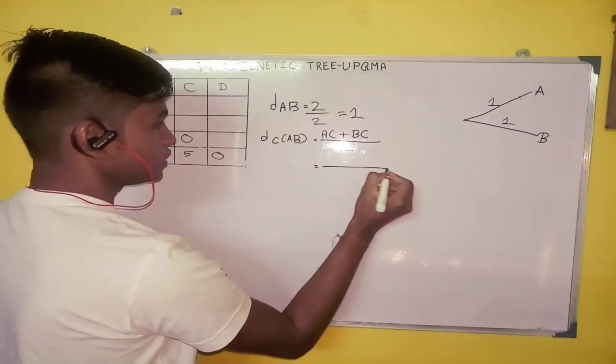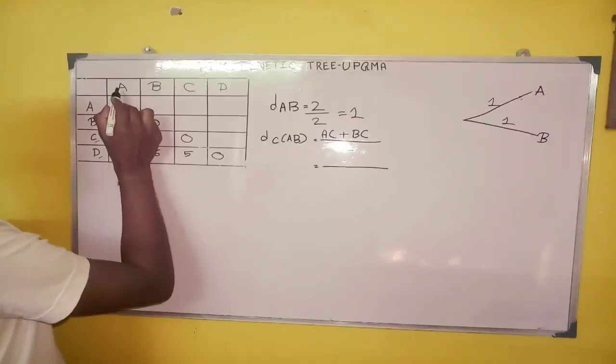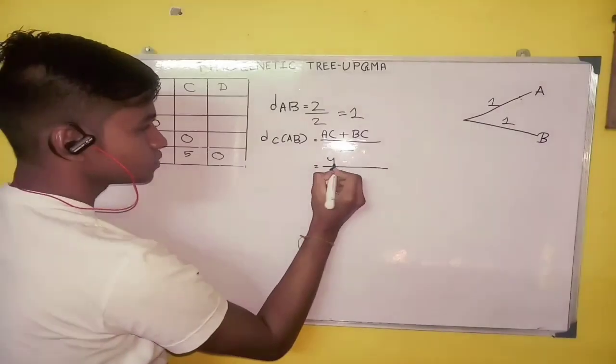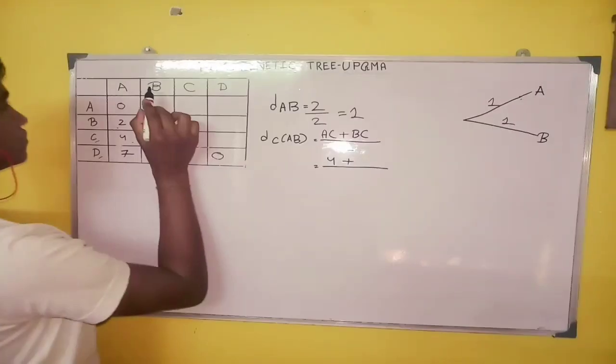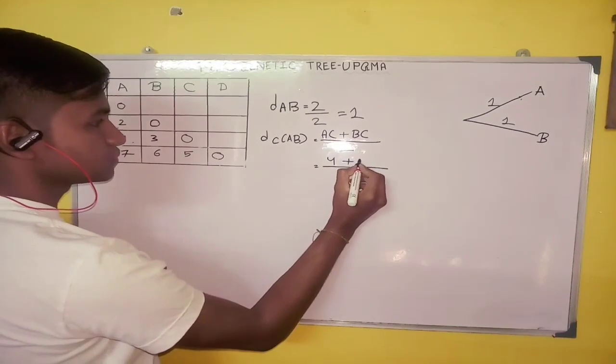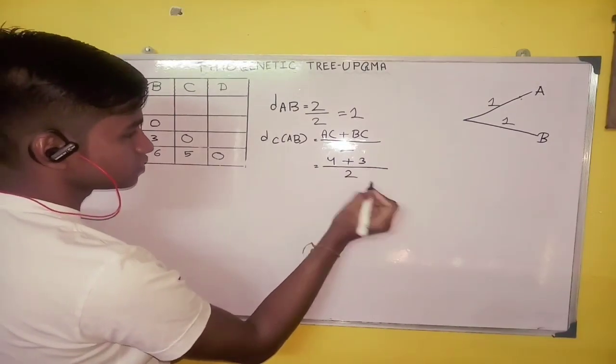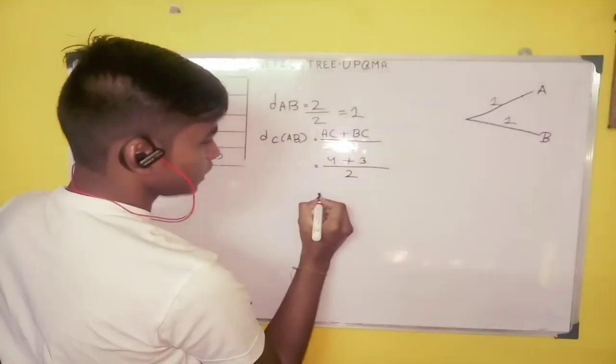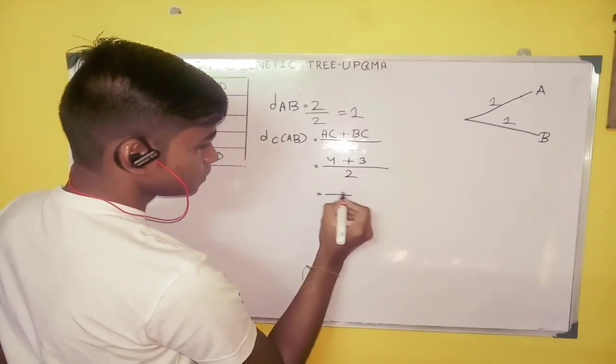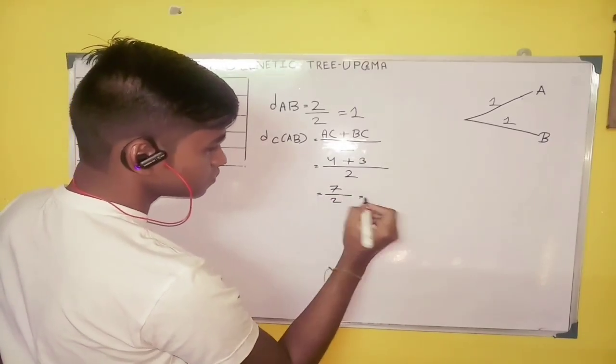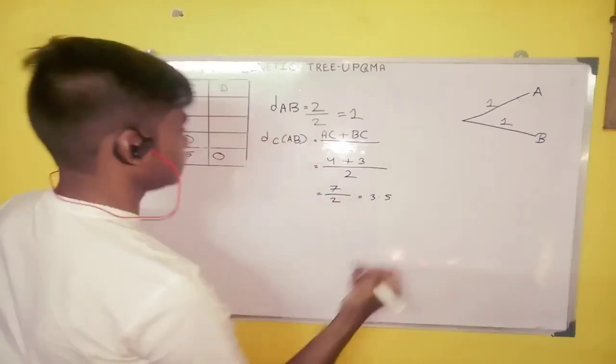AC is 4 plus BC, which is 3, so 7 divided by 2, which is 3.5.